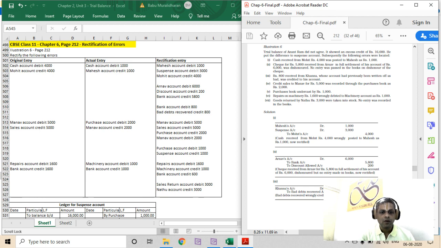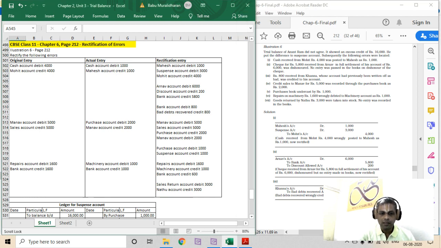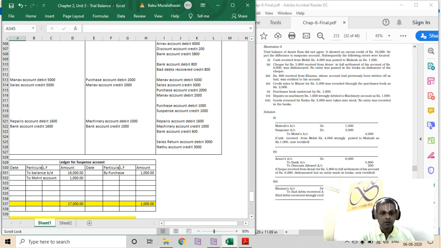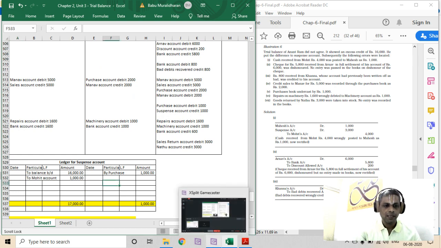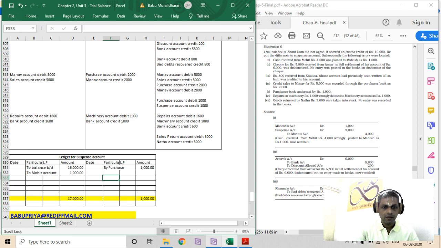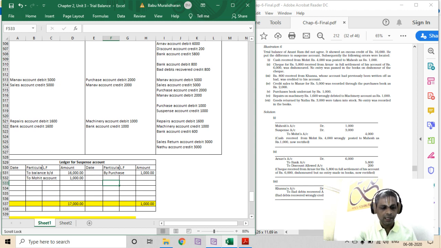One is I have not done the total here, so the balance is carried down. Let me type here: balance carried down is equal to 17,000 minus 1.